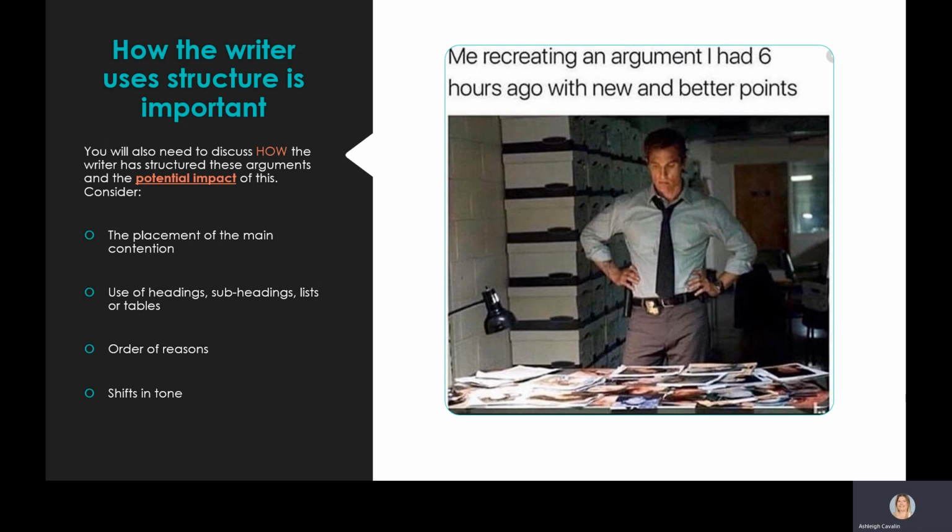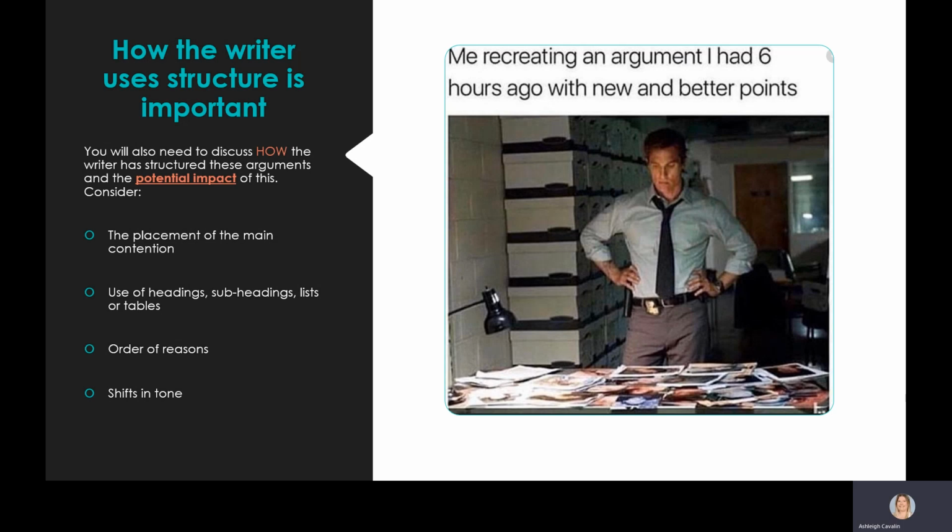Some points that you could consider: the placement of the main contention, the use of headings, subheadings, lists or tables. My favourite one to analyse is the order of the reasons. Why the writer puts one argument in front of another, how they lead in from one point to another, can be part of the persuasive element of the article overall.